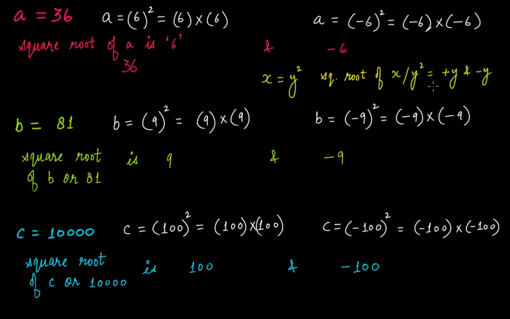And we can also write it as plus minus y. You can write it in this way also: the square root of x or y squared is plus minus y. Okay, so let's move to the next discussion related to square roots only.